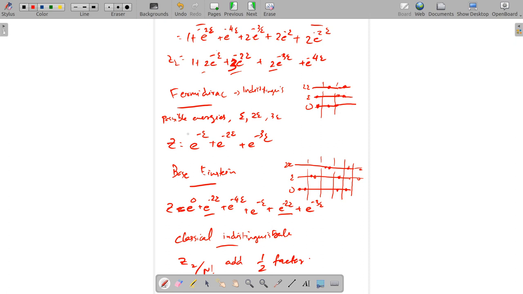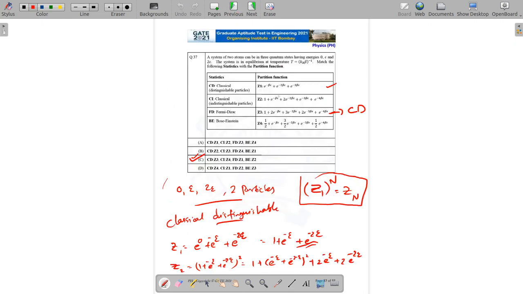That means your partition function is now basically e raised to minus epsilon plus e raised to minus 2 epsilon and e raised to minus 3 epsilon. So these are the only possible energy eigenstates of the combined system. So this is fermions, and this will correspond to Fermi-Dirac. So FD goes to Z1.